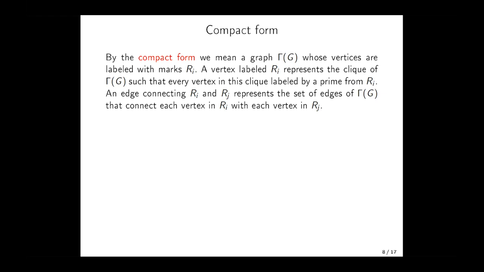By compact form, we mean a graph Gamma G whose vertices are labeled with marks R_i. A vertex labeled with R_i represents a clique of the initial prime graph, such that every vertex in this clique is labeled by a prime from R_i.